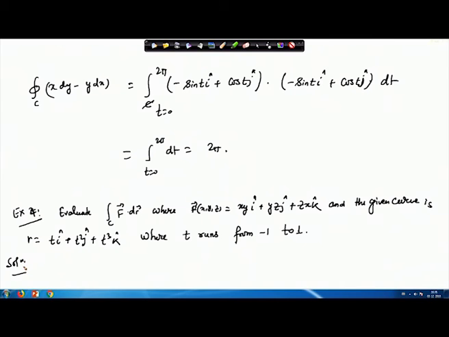So, from the given equation of the curve, we can obtain our x(t), which is t, our y(t), which is t square, and our z(t), which is t cube. Then we substitute x(t), y(t) and z(t) in this equation, calculate dr/dt, substitute the value of dr/dt and integrate from -1 to +1.